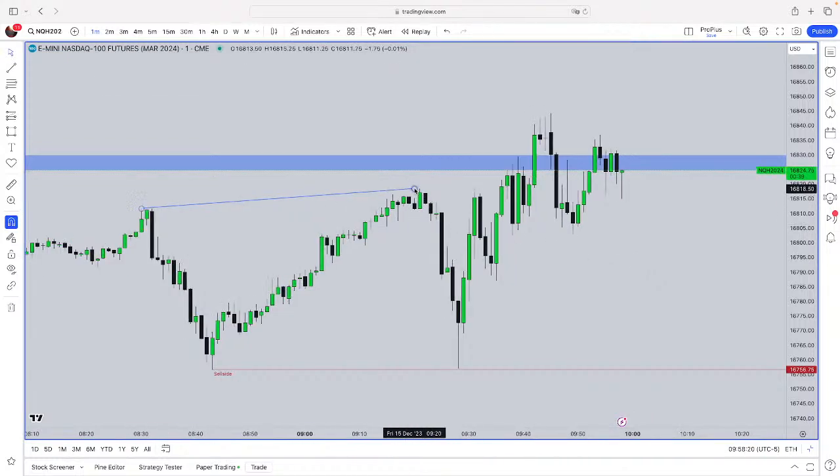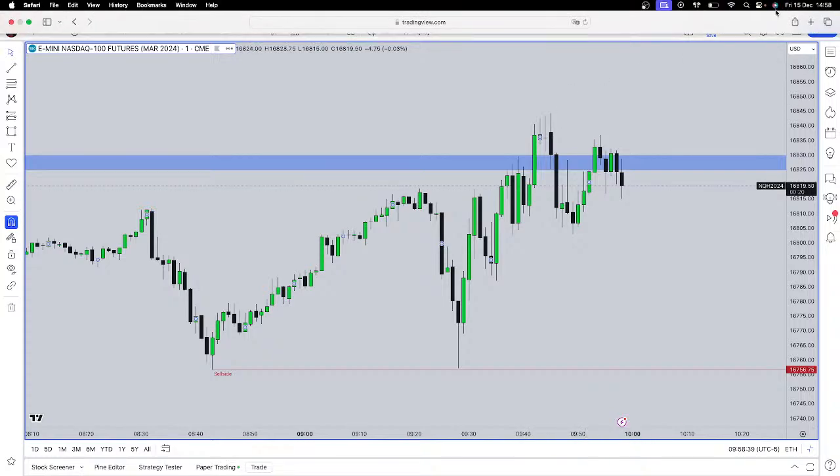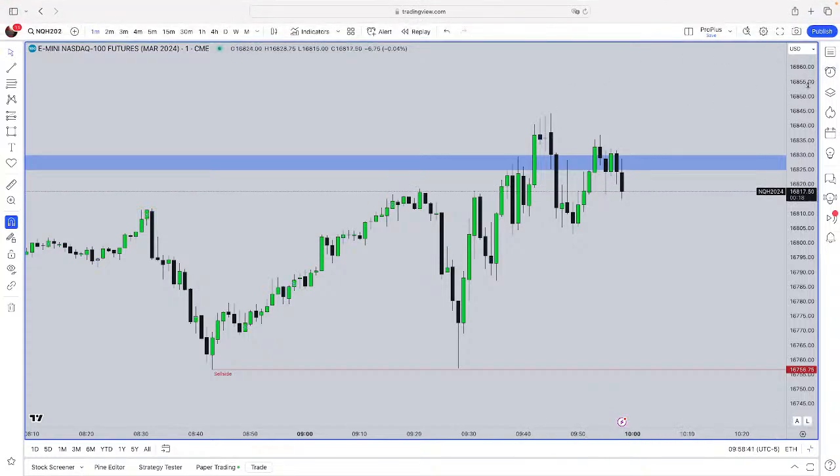At the minute, it's choppy. Wait till 10 o'clock, see what happens, and see if there's a silver bullet. I might keep going for about half an hour more or so. Just make sure my laptop is... yeah, it's got some charge.